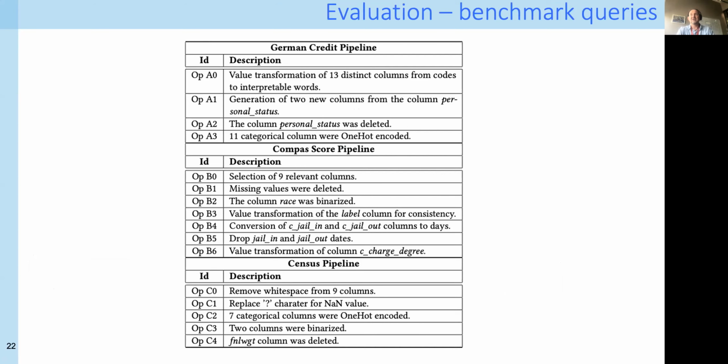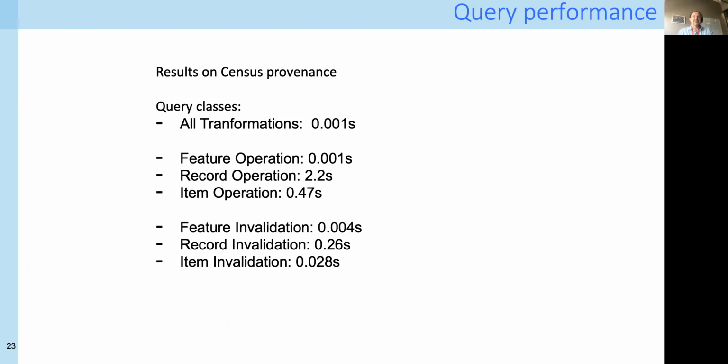Finally, for each of the 3 data sets, we have a corresponding pipeline, and for each pipeline, a set of benchmark queries, which are documented in the paper. If we use the census pipeline queries, we observe very promising query results, where most queries are very inexpensive to run.